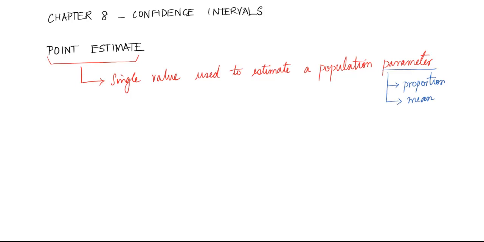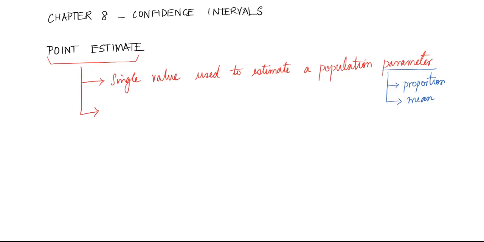What is the mean wait time at a drive-through restaurant? So we can have questions about the population and we answer those questions by using certain measurements. The measurements can be proportion, mean, sometimes standard deviation, and so on. So this point estimate is a single value to talk about the population parameter.